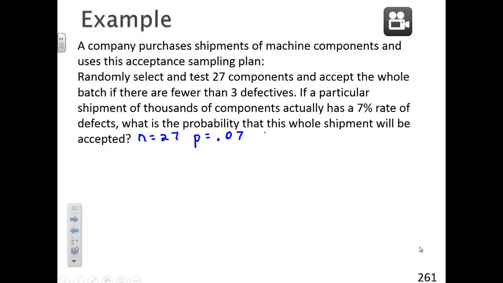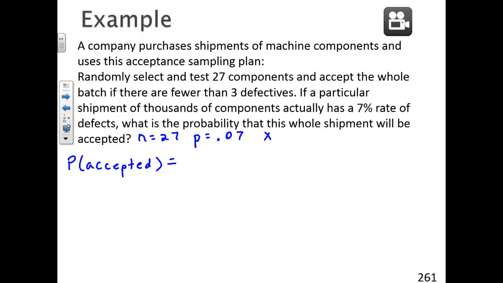Now we're going to have to figure out what X values we're looking for. So let's think about that for a second. They want to know what's the probability that the shipment is accepted. So write that down. Probability of accepted. And it said that it was accepted when we had fewer than 3 defectives.